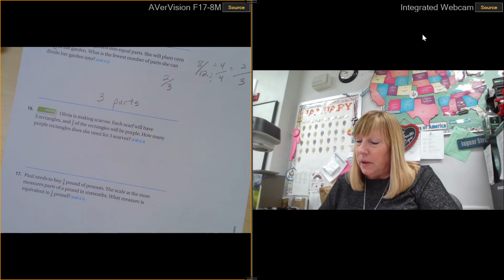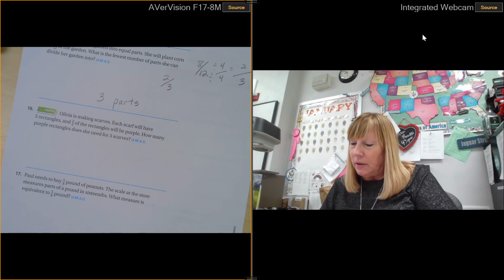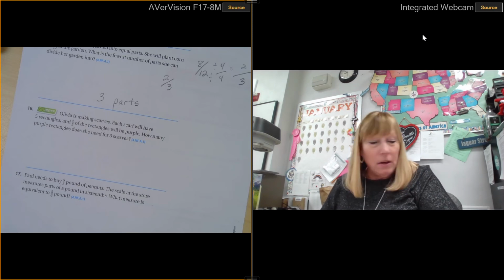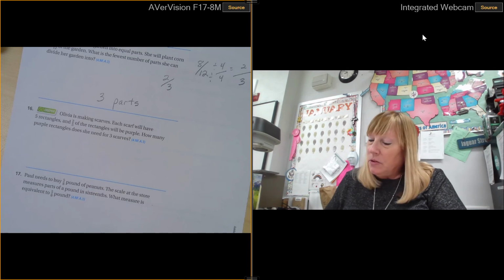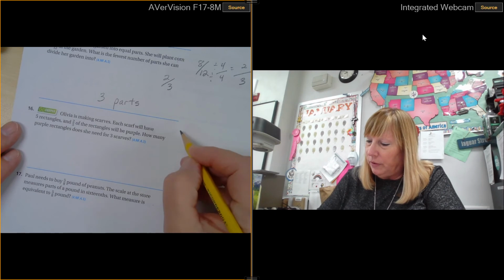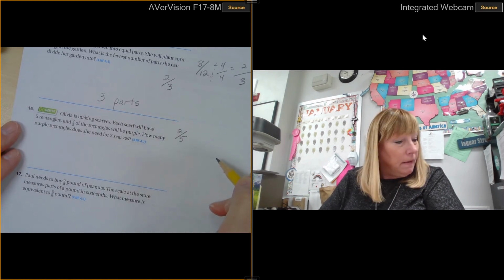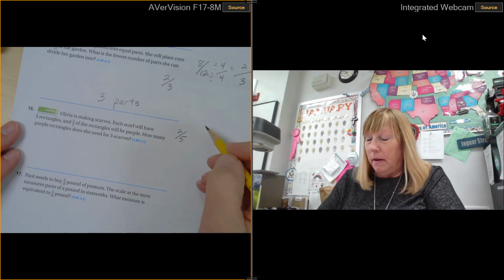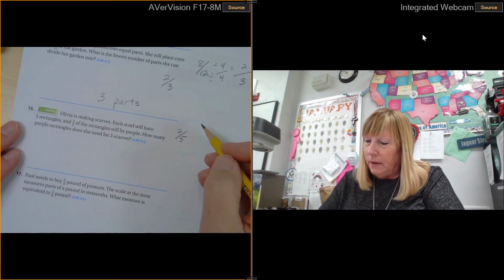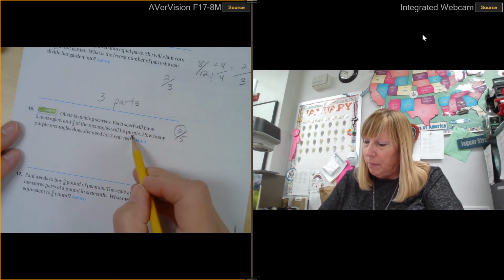Okay, Olivia's making scarves. Each scarf will have 5 rectangles, and 2/5 of the rectangles will be purple. How many purple rectangles does she need for 3 scarves? So each scarf, 2/5 is going to be purple. So 2 of the rectangles are going to be purple.